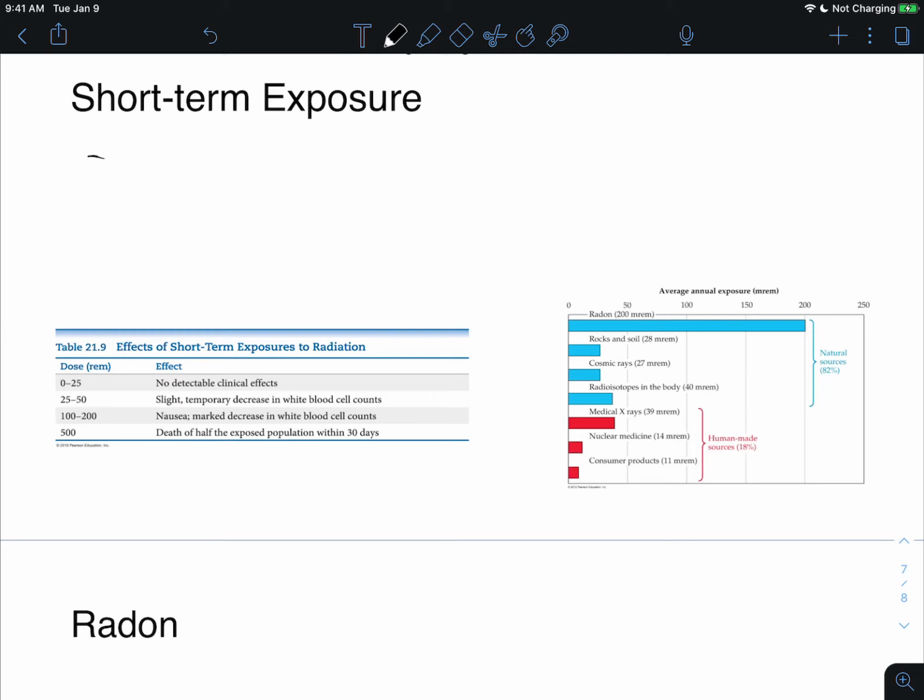We'd say that if you have 600 rem, that's going to be fatal to most humans. Okay. And then 500 rem, about half of the exposed population will be dead within 30 days. So not great.